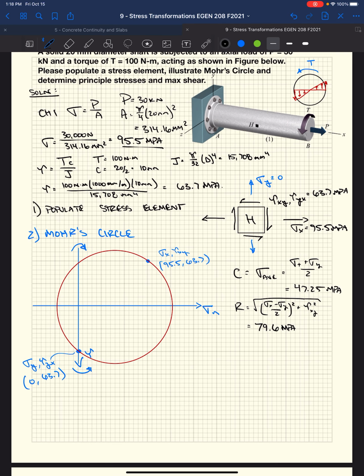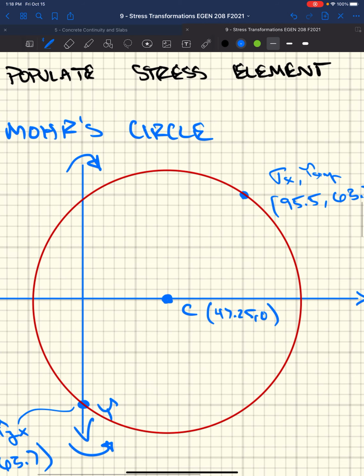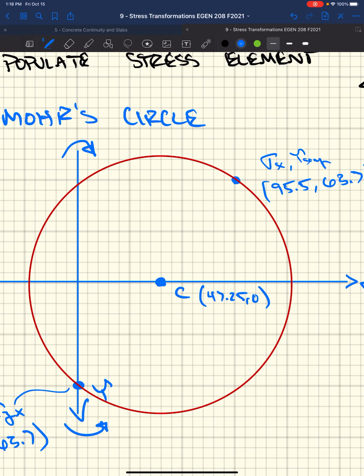So we know our center is halfway between our two points here, so that would be this guy sitting right here. That would be our center, or 47.25 comma 0, right? That would be the coordinate of our center. X coordinate being what we just calculated, which was the average stress, and then we have 0, right?